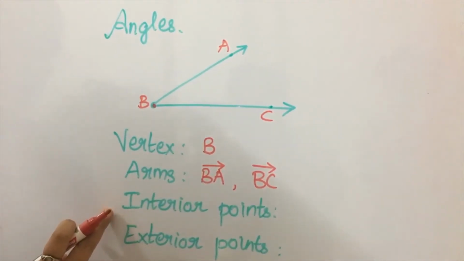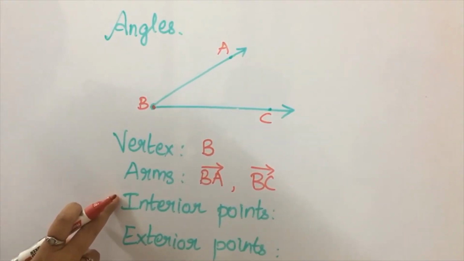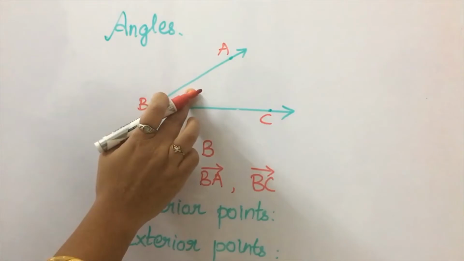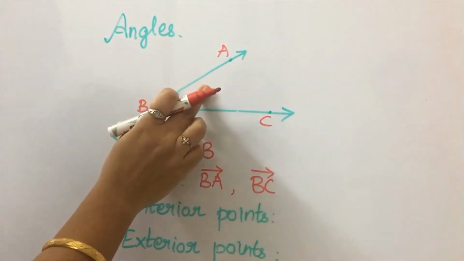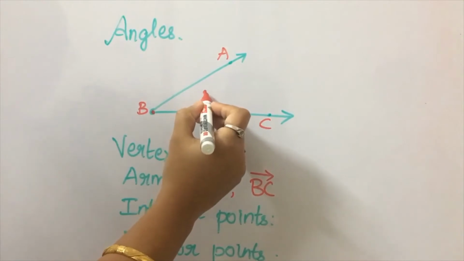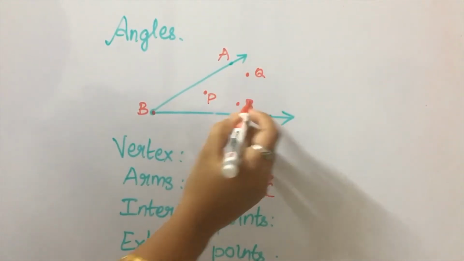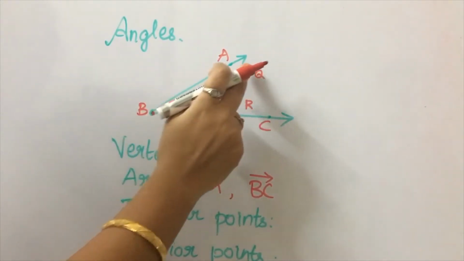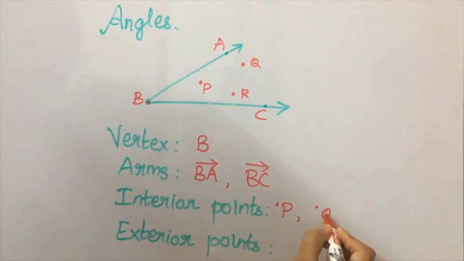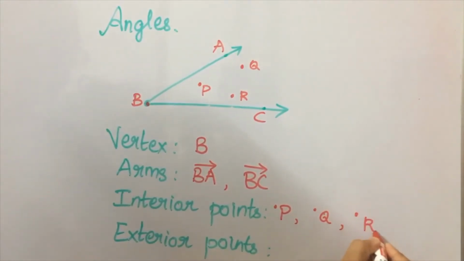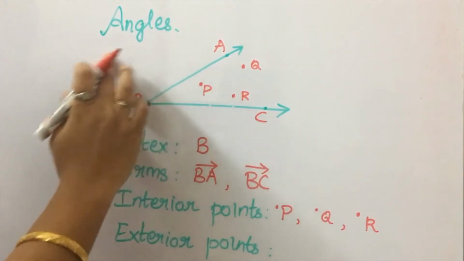And I am going to mark some interior and exterior points. First, I am going to mark some interior points. Interior points means inside the figure. I am going to mark some P, Q, R. So these points are called the interior points: point P, point Q and point R. And for the exterior points, I am going to mark some points somewhere here.